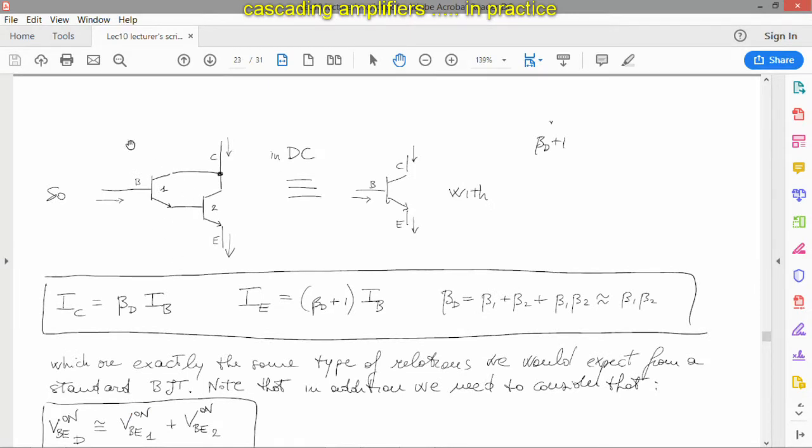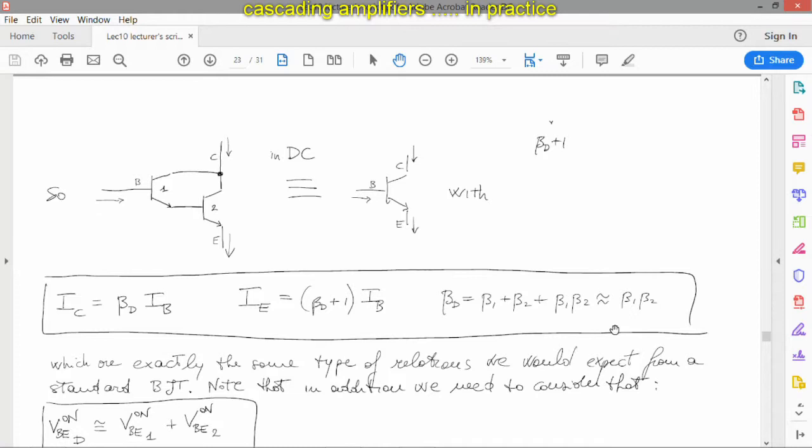The Darlington pair, and this is summarized here, is effectively in DC equivalent to a BJT where IC is beta D times IB. Beta D is the beta of the Darlington pair. So you see, these are exactly the same formulas that we have gone through for the standard BJT. It's quite nice that it behaves exactly like a normal BJT, but beta D, the beta of this Darlington pair, is simply the product of the betas of the two transistors involved in the pair.